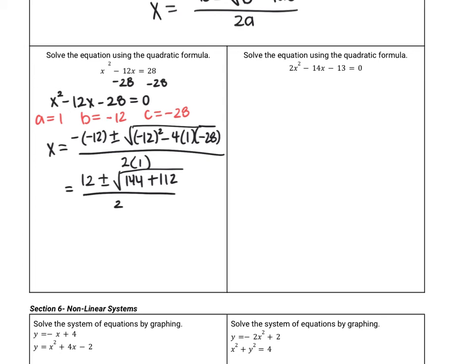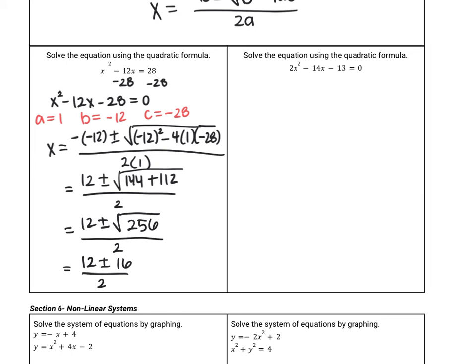Next, we're going to add 144 and 112, and we get 256. Next, we want to either simplify or take the square root of 256. And in this case, the square root of 256 is 16. So we have 12 plus or minus 16 all over 2.